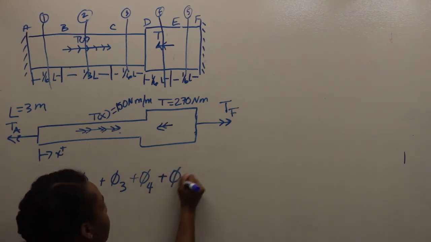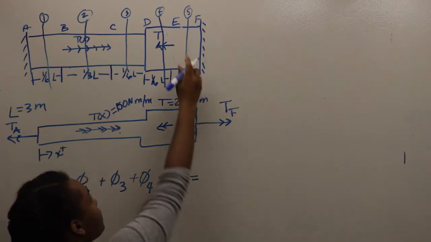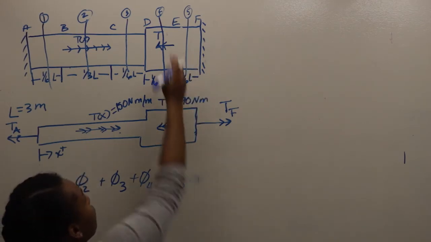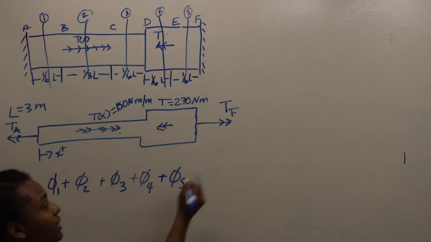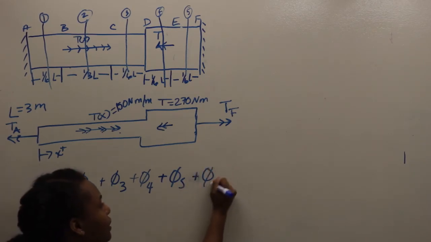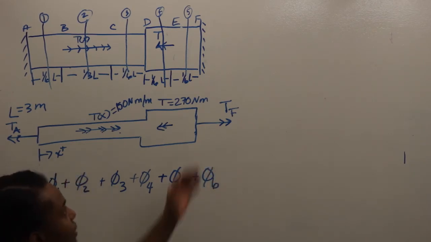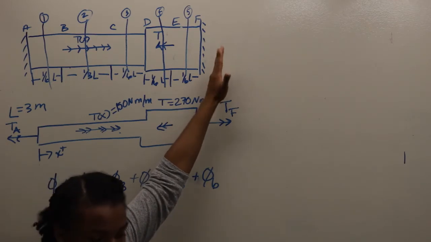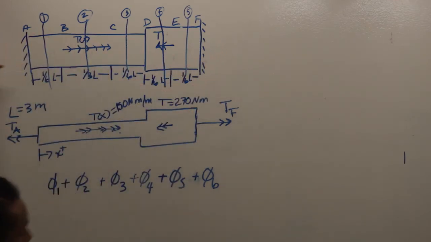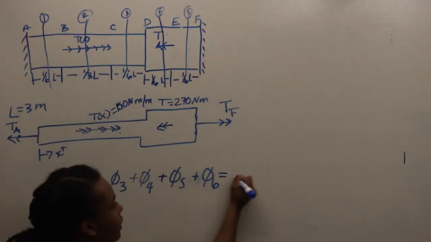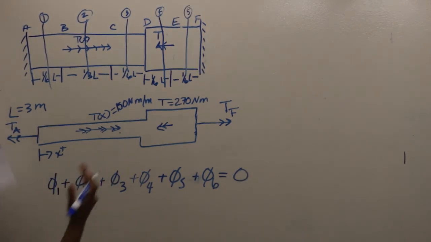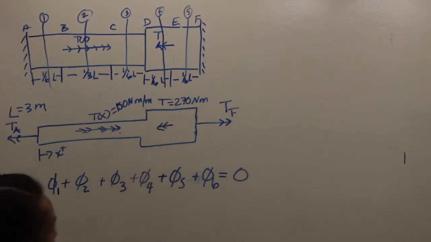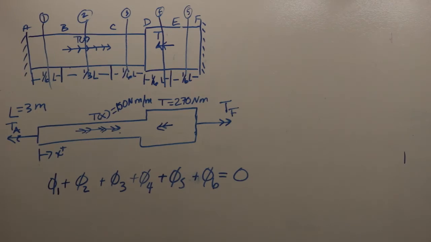Plus the angle of twist of 5, which takes in consideration that fifth cut, plus the sixth angle of twist, which is the impact of the reactive force F on the whole bar. And all of this equals 0 because they're between two fixed ends.